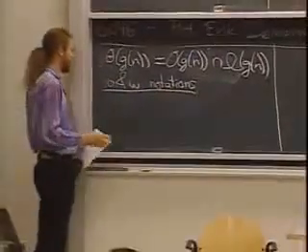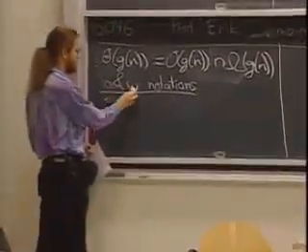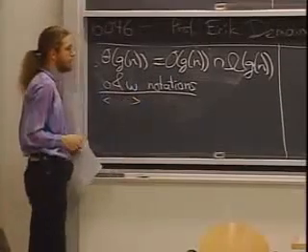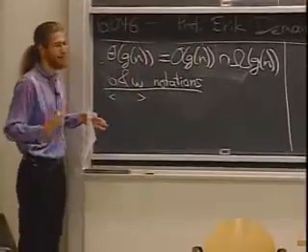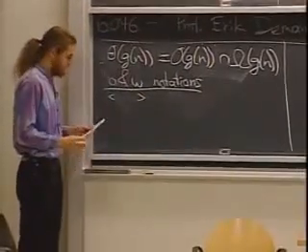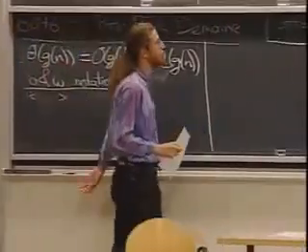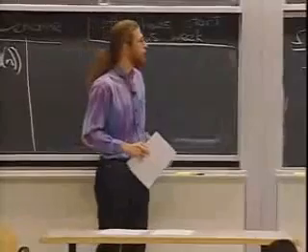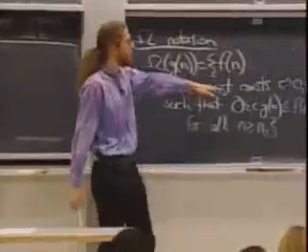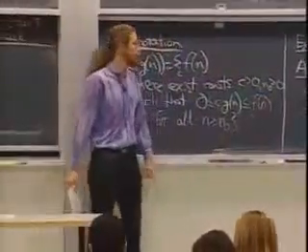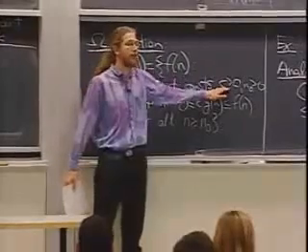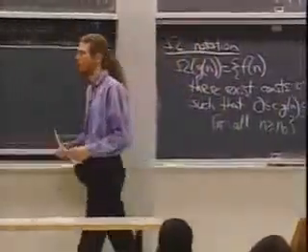Little o is going to correspond roughly to less than, and little omega is going to correspond to greater than. This is notation you'll just have to get used to. And I'm not going to define it precisely here, because it's almost exactly the same. The difference is that instead of saying there exist constants c and n naught, you have to say for every constant c, there exists a constant n naught.